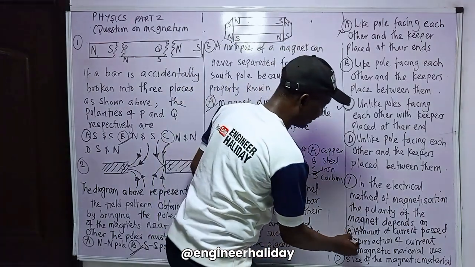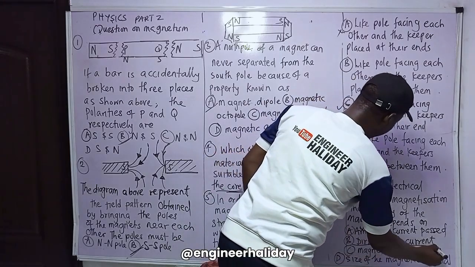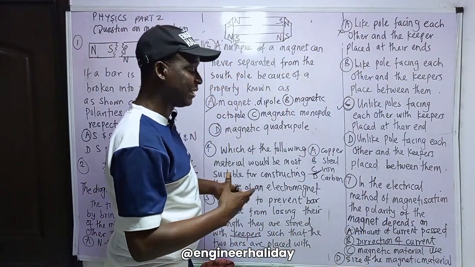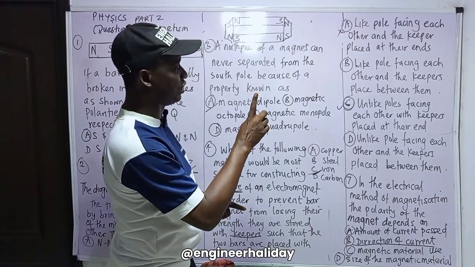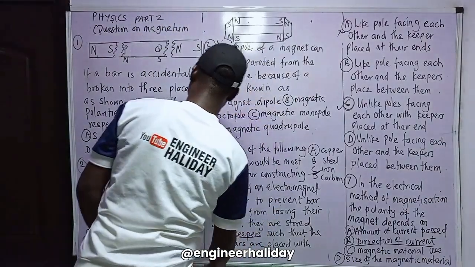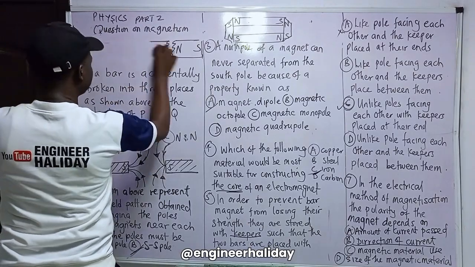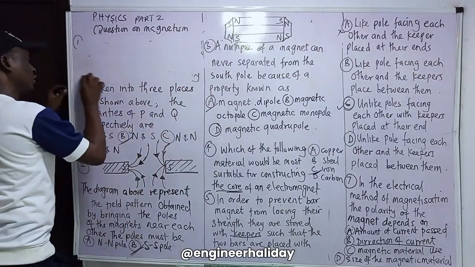It depends on the direction of the current. Don't forget, in the solenoid method, for instance, that is the electrical method, current enters through the south and comes out through the north.